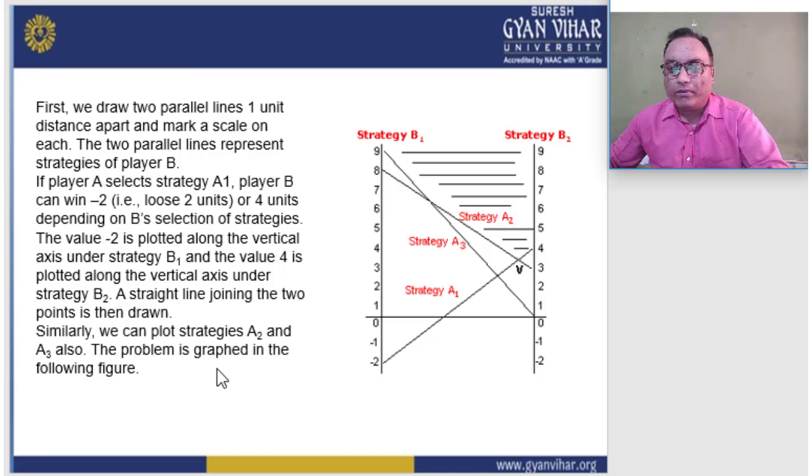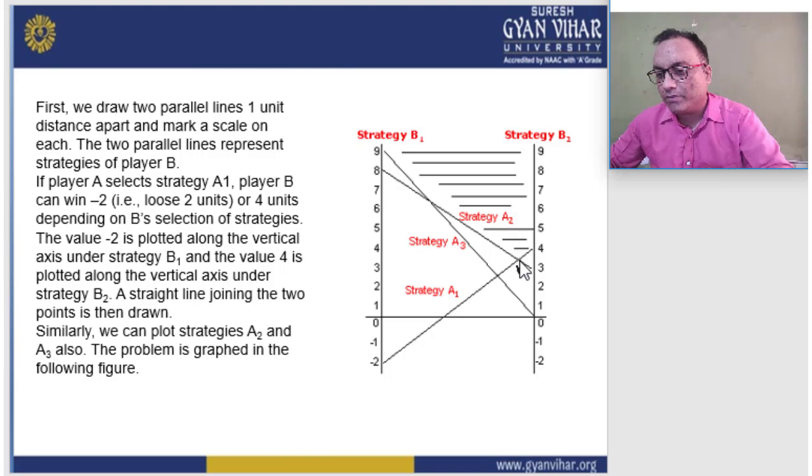The problem is graphed in the following figure, and we find the feasible region of this problem. This is the feasible region, shown by the hatched lines, and this is the upper portion of the feasible region. V is the cutting point.